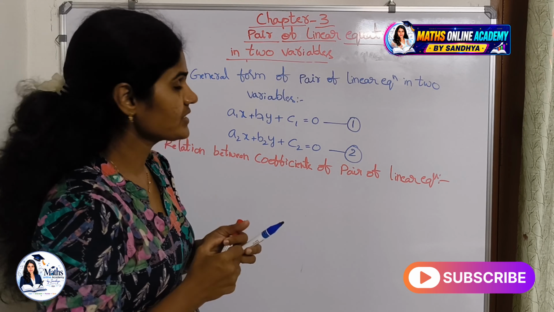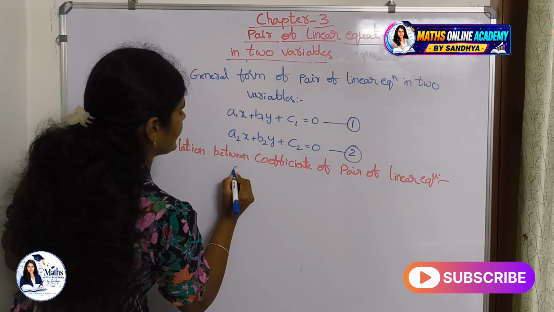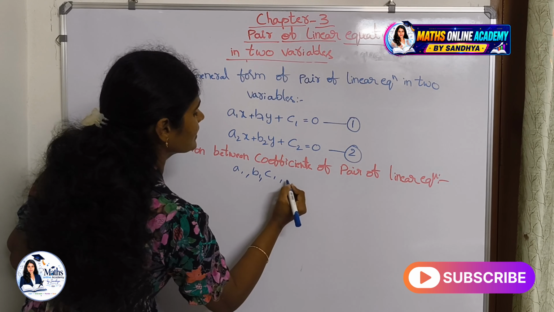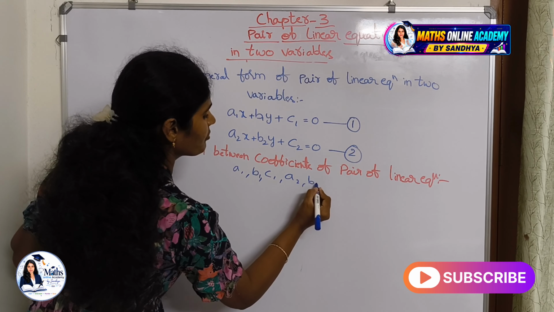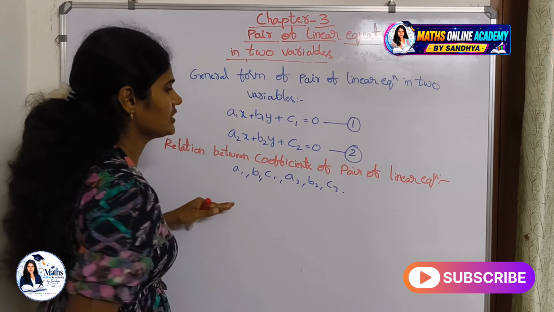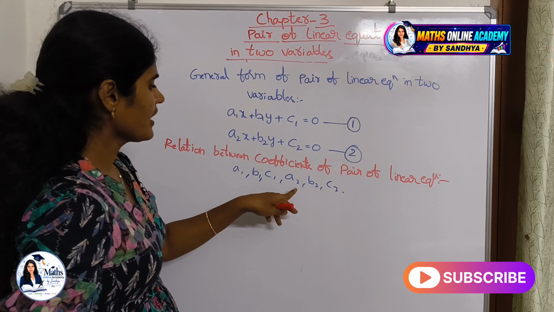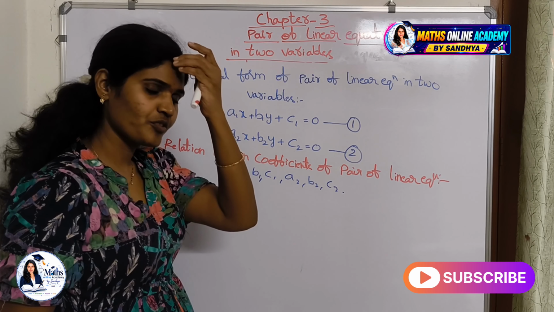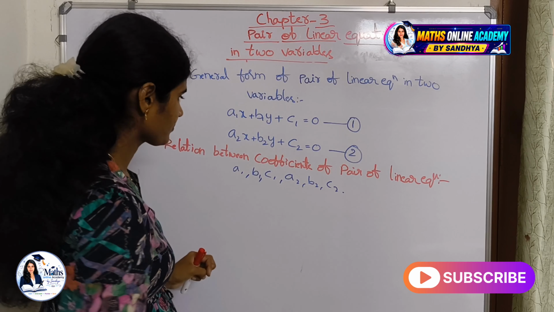What are the coefficients? a1, b1, c1, a2, b2, c2. These are the coefficients, and c1, c2 are the constants. Okay, the coefficients of x and y.